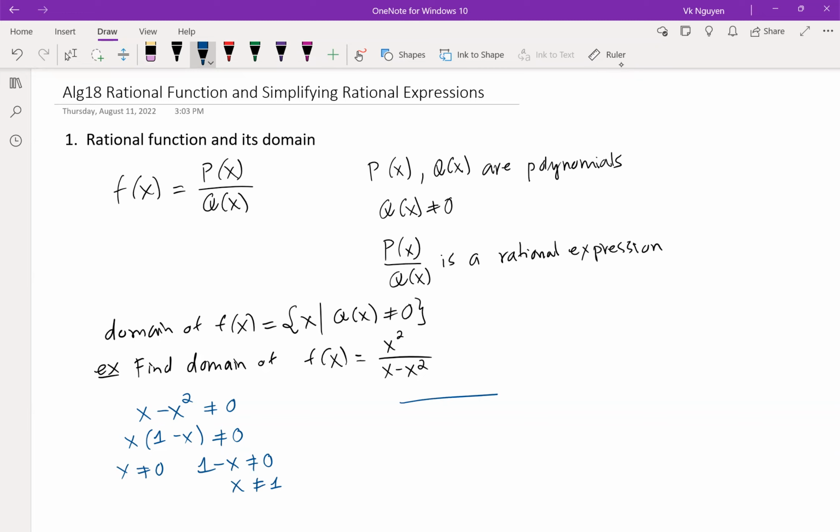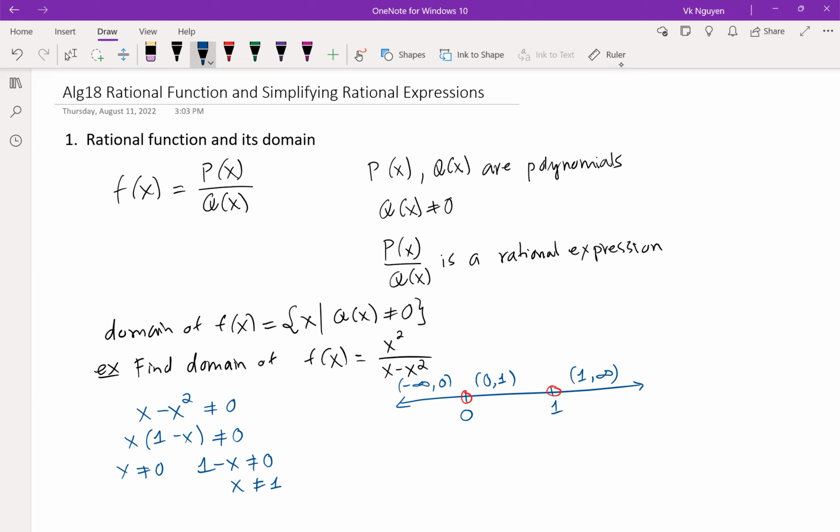Now we can draw a number line. 0, 1, not equal to 0, not equal to 1. So we have 2 open circles. 0 and 1 divide the number line into 3 intervals: negative infinity to 0, 0 to 1, 1 to infinity.